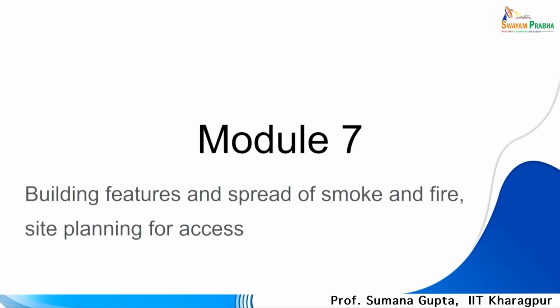Today we will move to our next module, which covers the building features and the spread of smoke and fire, how we can contain that, and also the site planning for access, because we have to give access to the fire tender into the site to control the fire. Whatever system is there in the building will only be operational when some people come for rescue or some people are trained to operate certain mechanisms.